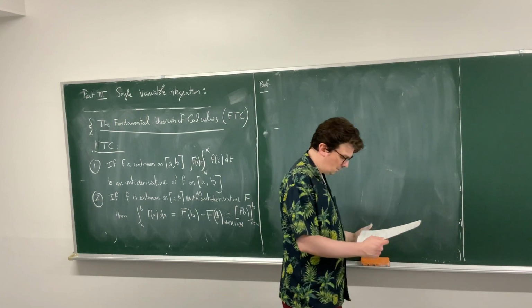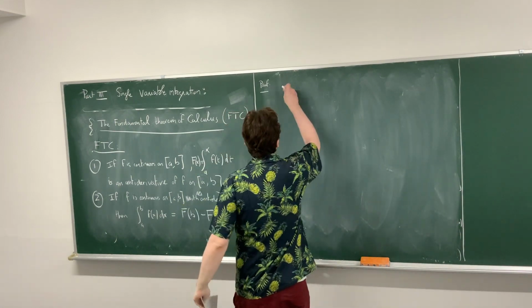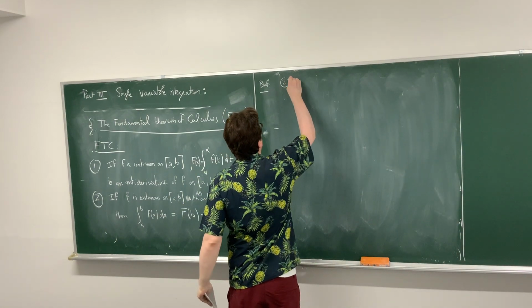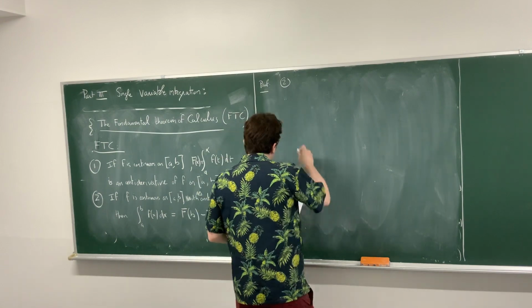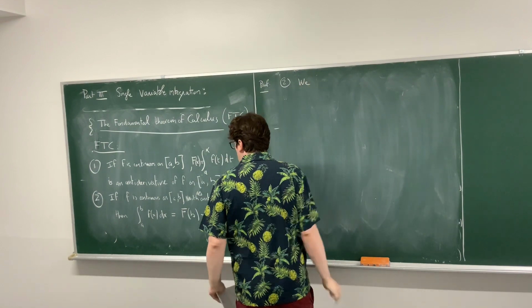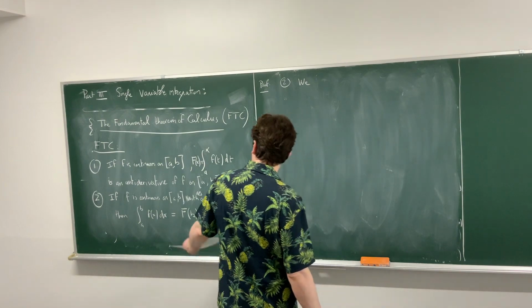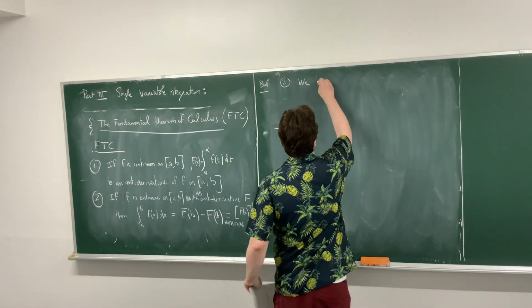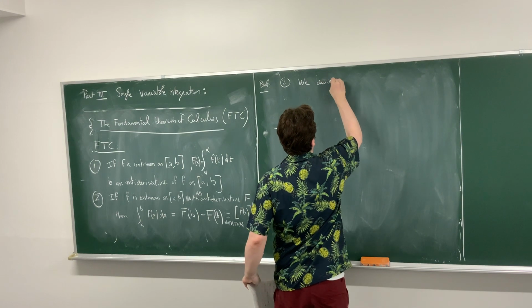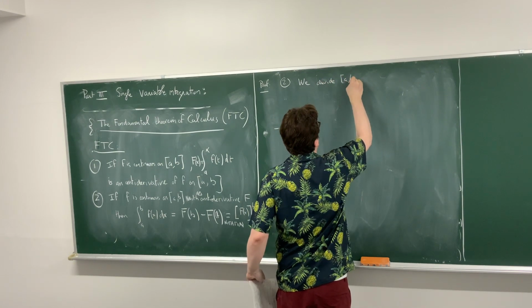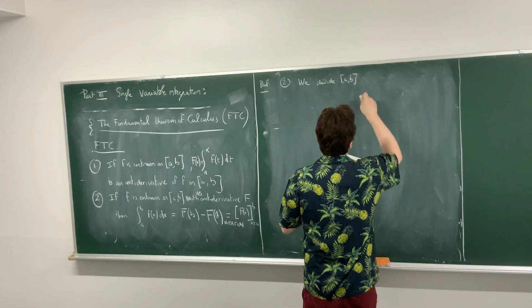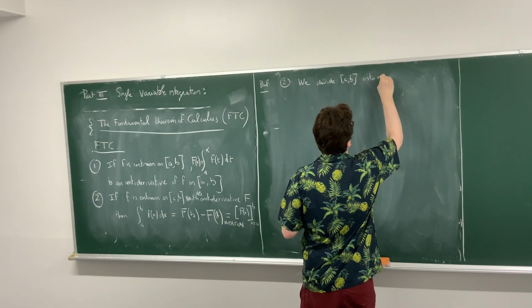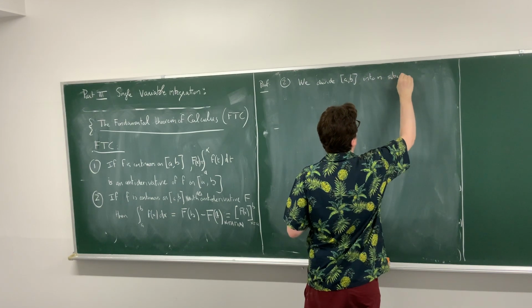The proof of this theorem is not that difficult. First, we are going to prove 2. So in 2, we want to calculate the definite integral. So we divide [a, b] into n sub-intervals.